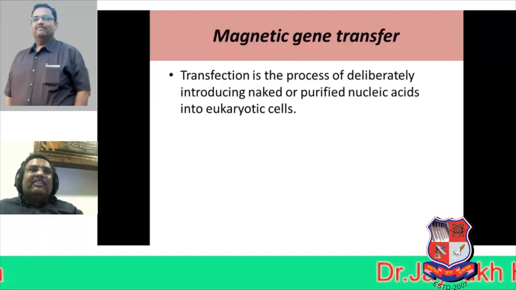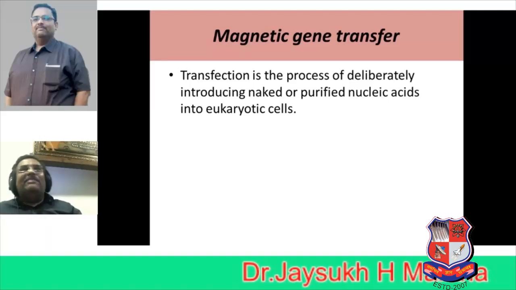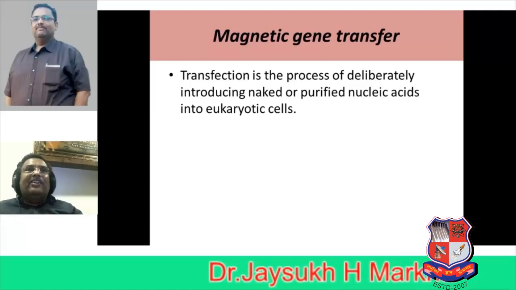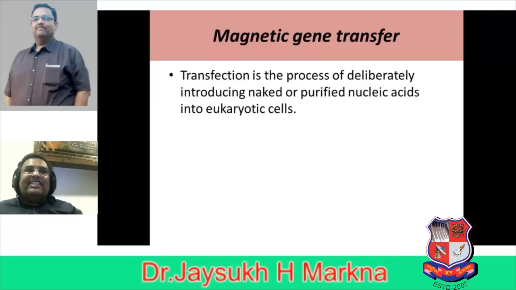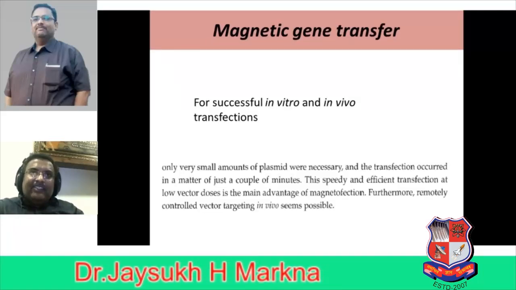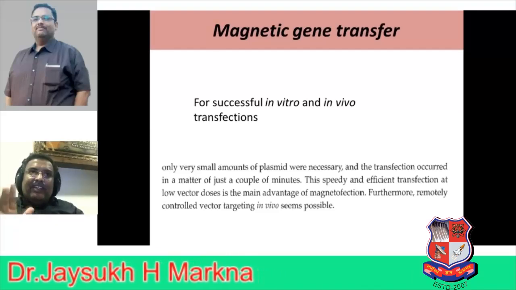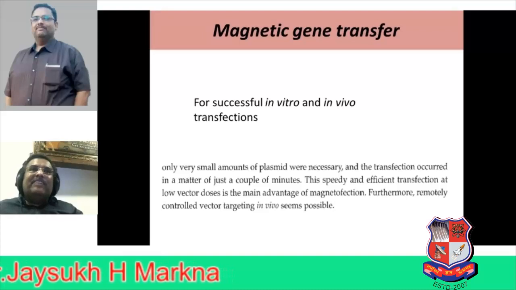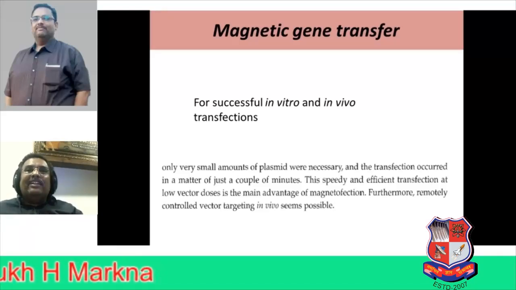So here we are doing transfection, and due to the magnetic field and nanoparticles, this becomes very fast. So transfection is a process of deliberately introducing naked or purified nucleic acids into eukaryotic cells.